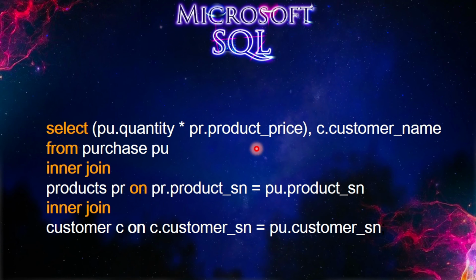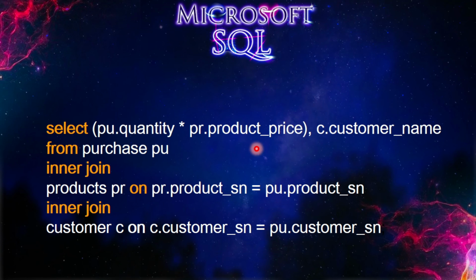Also, let's say I want to get the sum. Okay, let's get back to the original table. And I want to get the sum of all the prices of all the products within this table.